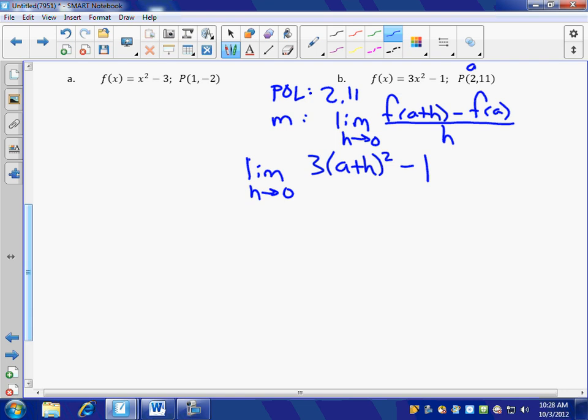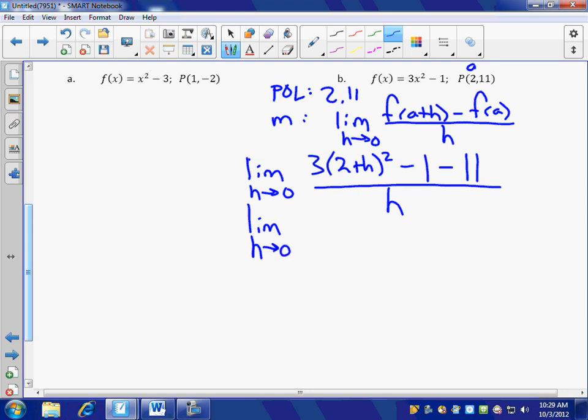Devin has a question. What's the question about the 2? We'll now do the 2, okay? So f of a plus h. Oh, 2 plus h. Yes. Sorry. Minus f of a. 2 squared is 4 times 3 is 12 minus 1 is 11, which is right there. Divided by h.